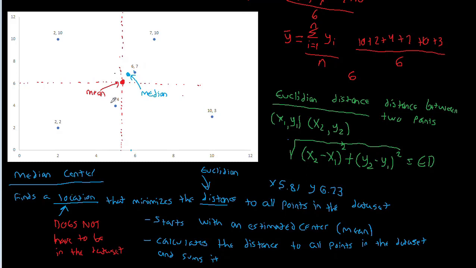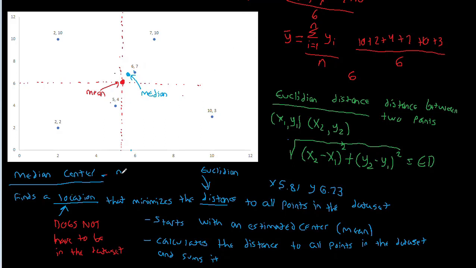Right, and again, just to recap, what makes the median different from the mean is that the mean is just the average, whereas the median is actually trying to minimize that Euclidean distance from itself to every other point in the data set. So what this means sort of by default is that the median center is usually the most accessible new location.